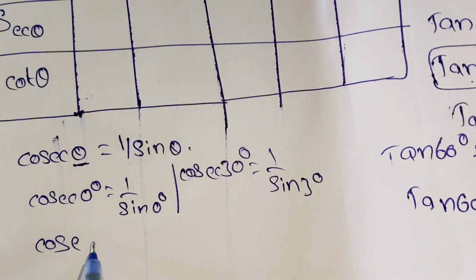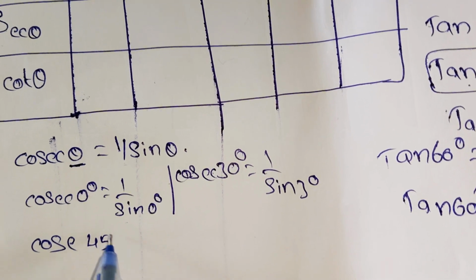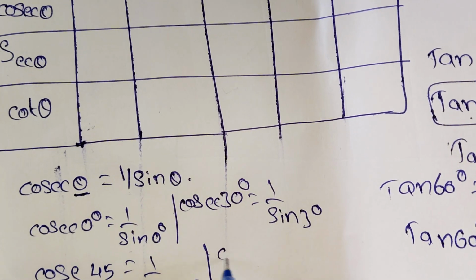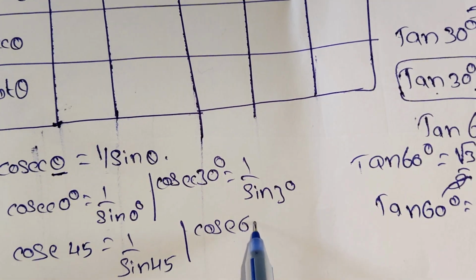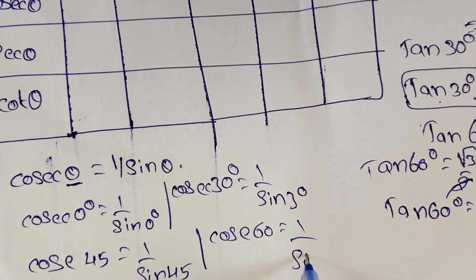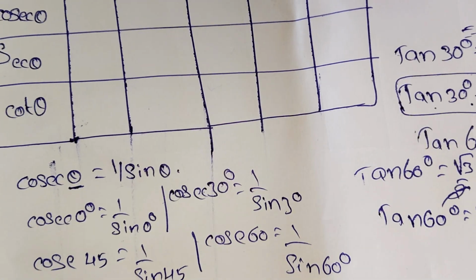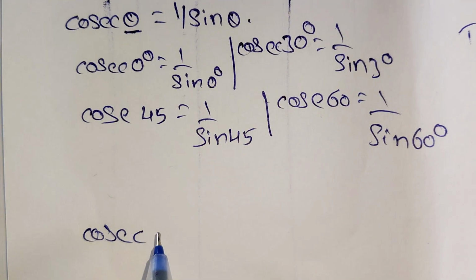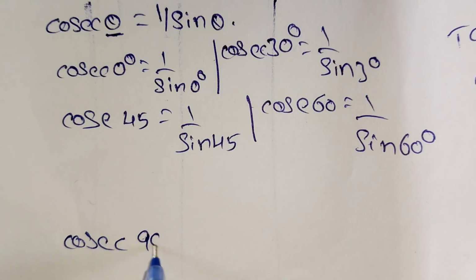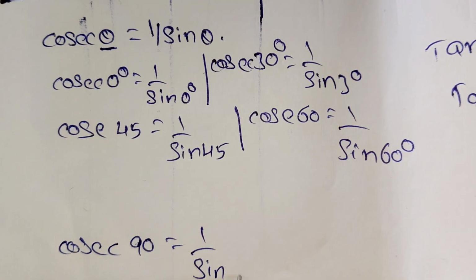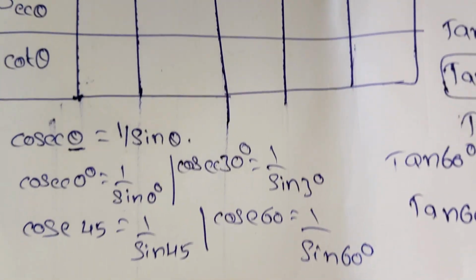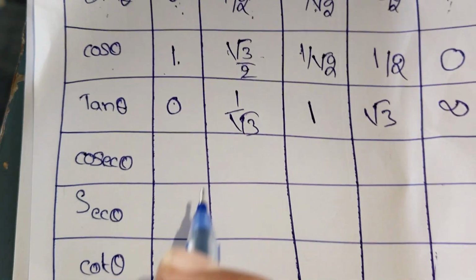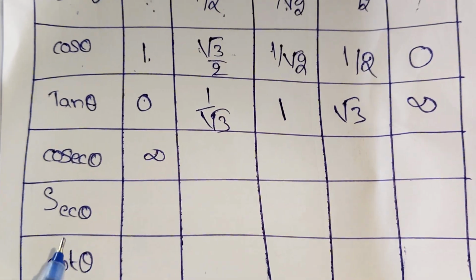Cosecant 45 degrees equal to 1 by sin 45 degrees. Cosecant 60 degrees equal to 1 by sin 60 degrees. Cosecant 90 degrees equal to 1 by sin 90 degrees. And now 1 by sin 0 degrees, it is always written as infinity.